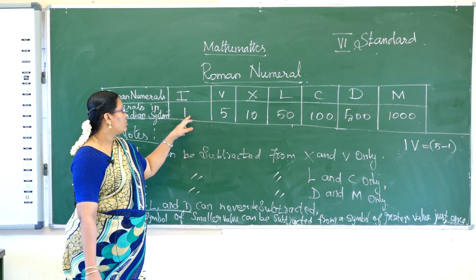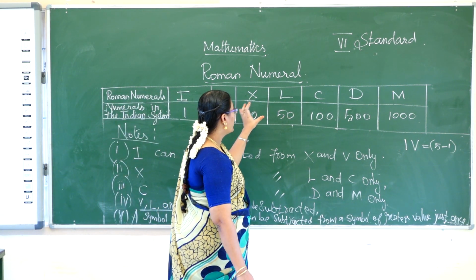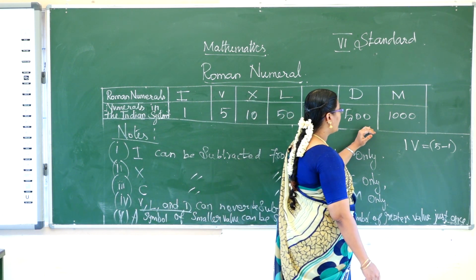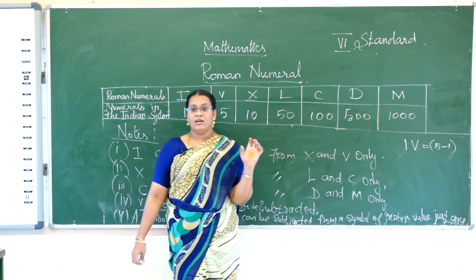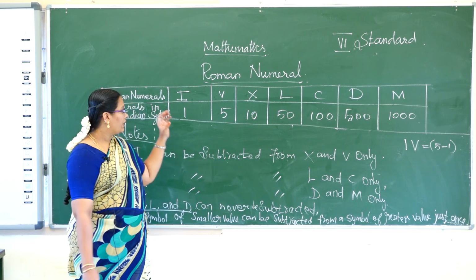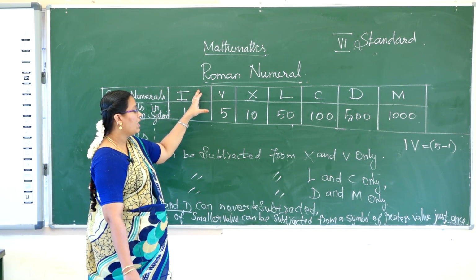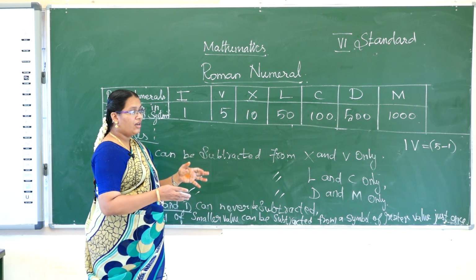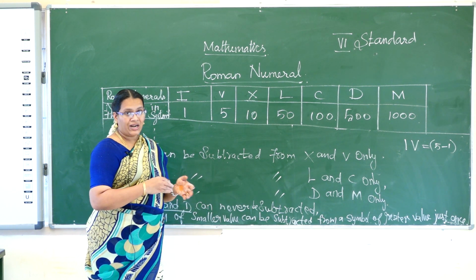So I refers to 1, V refers to 5, X refers to 10, L refers to 50, C refers to 100, D refers to 500, M refers to 1000. So the first rule is bigger value: the bigger letter from the numerals. Come to the next one, a smaller value we can add. Next, the second rule: the smaller value coming before the biggest value is subtracted in that place.